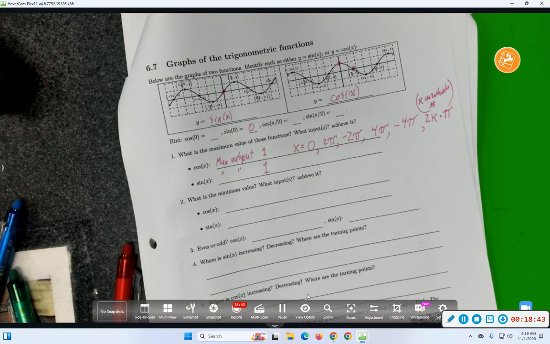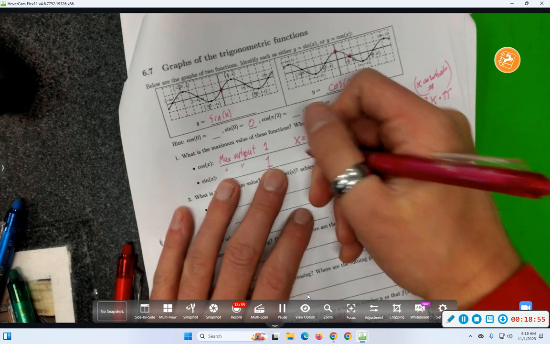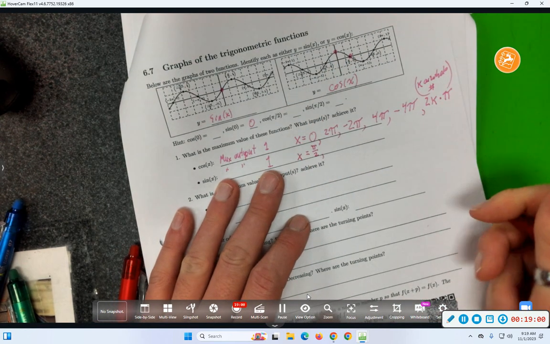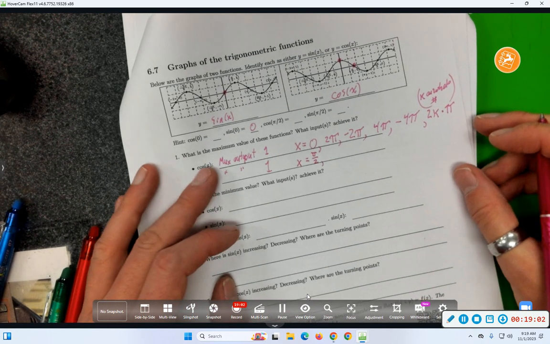How about sine? When is it equal to 1? Let's play that same game. What are the inputs you see where sine is 1? I hear pi over 2. Any other inputs?